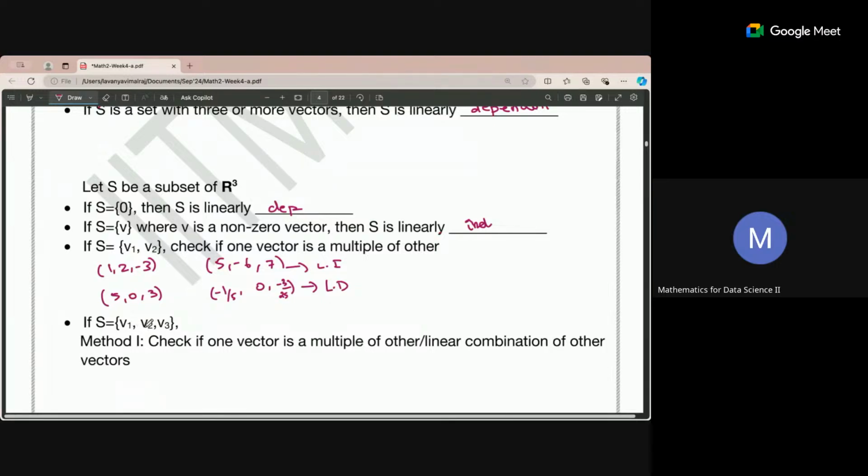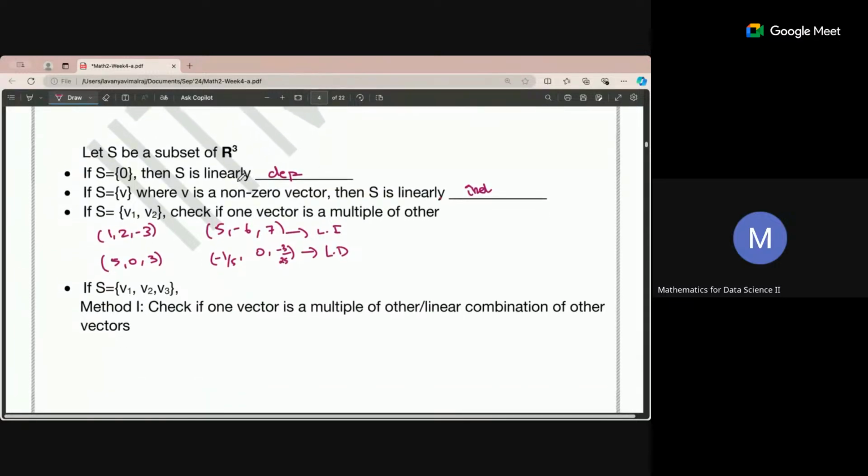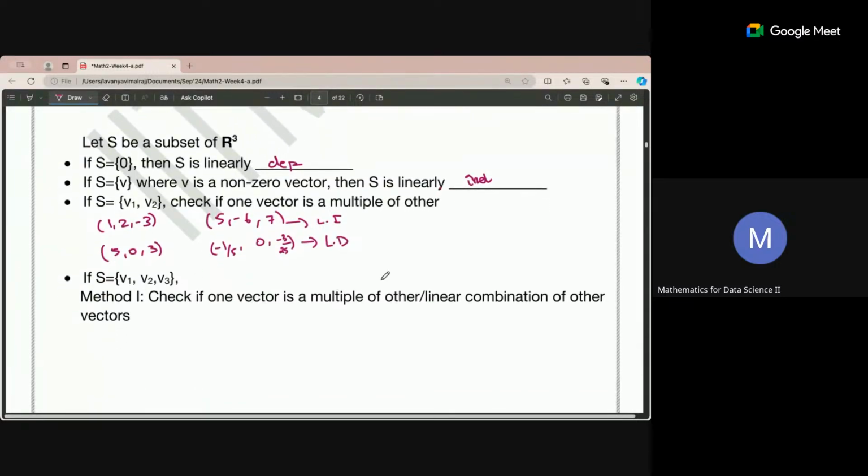All right. If S is {v1, v2, v3}, so if you have more than 2 vectors, suppose you are having 3 vectors, now we are in R3, remember that. What is the first method? Check if one vector is a multiple of another or a linear combination of other vectors. There can be very simple scenarios like this.